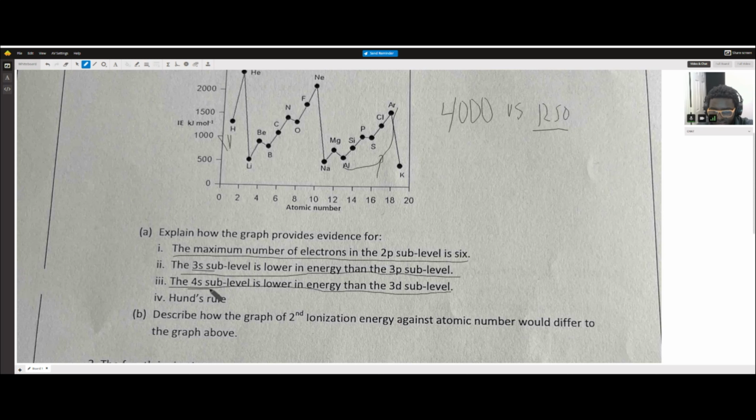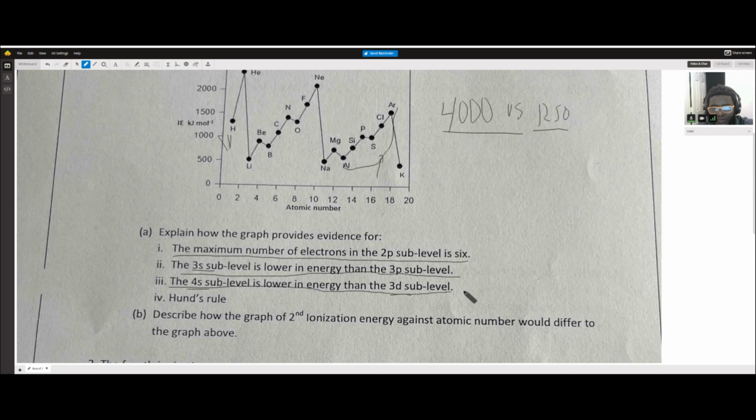Now, 4s is lower in energy than 3d. If I could show 3d, you could do the same direct comparison of energies. You can see that if we add up the overall energies, 3p is higher than 3s, and for 3d, it's not on the page, it would be higher than 4s's.